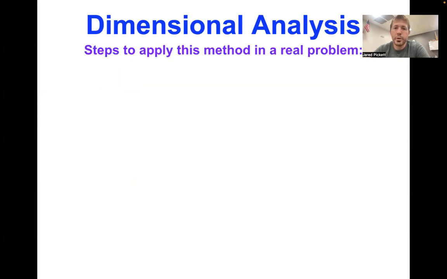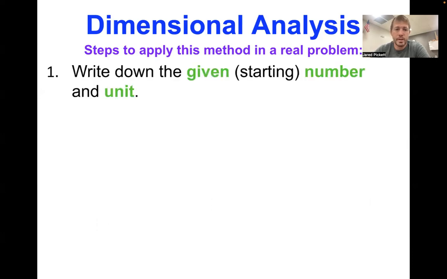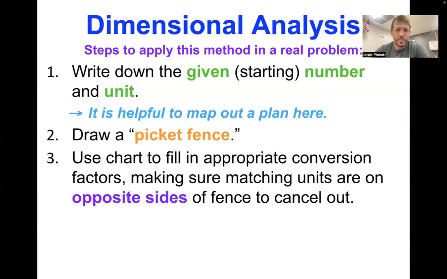All right, so if we are going to apply this method into a real problem, we take a starting number and a unit, make our picket fence, and use a chart to fill in appropriate conversion factors, making sure matching units are on opposite sides of the fence to cancel out.